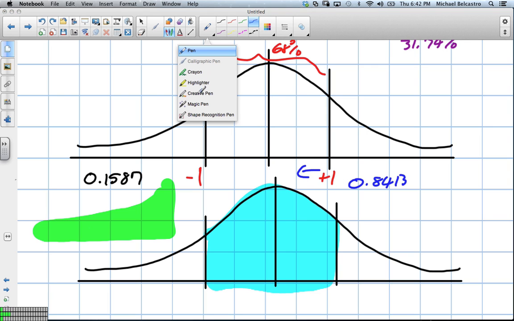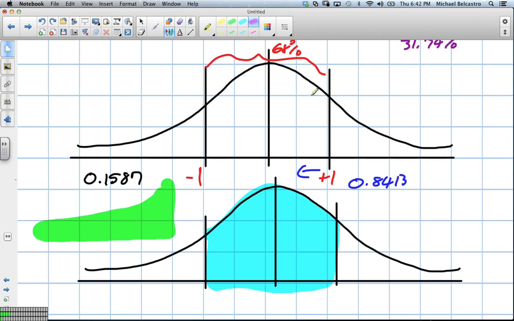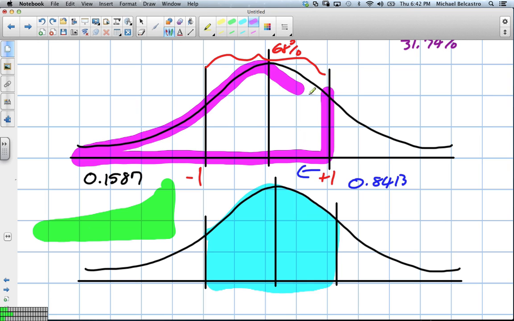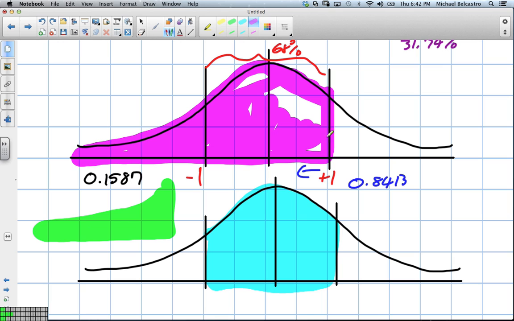In other words, I'll do it in purple, all of this area here. I have to color it all in one shot so I can move it. So that's all of this area here. Well, we're only looking for the blue part.